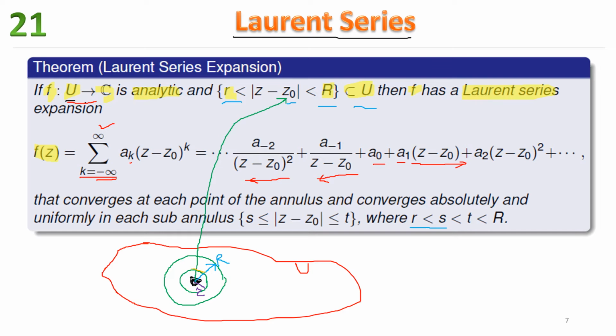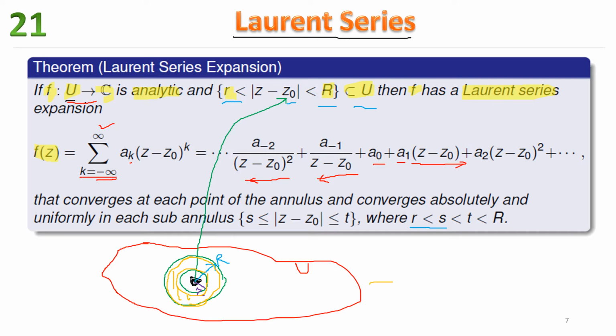Here we are talking about the outer boundary of this, and then T is less than capital R. So we are talking about the area in between. Sorry, here it should be between the two. So here we are talking about the included area.